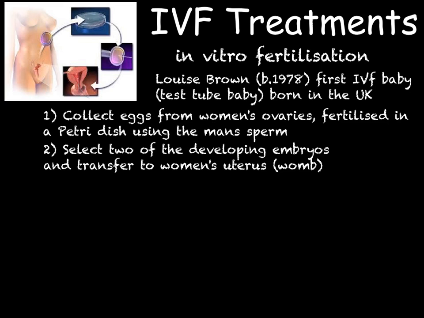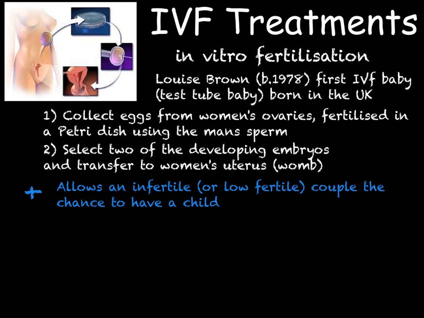IVF can also be used in order to counteract male infertility. If the man is unable to produce enough sperm, then a sample can be used and the egg can be fertilised in vitro. The major advantage to IVF is that fertility treatment like this can give an infertile couple a child, which is something that they couldn't achieve without it.